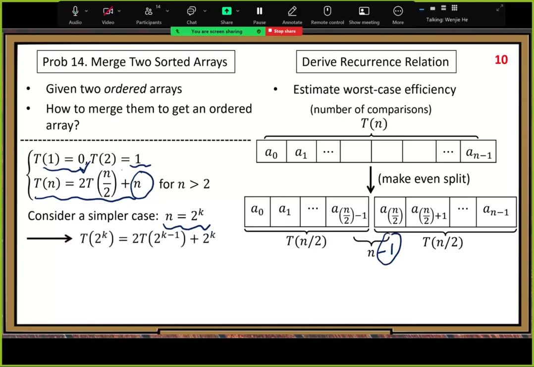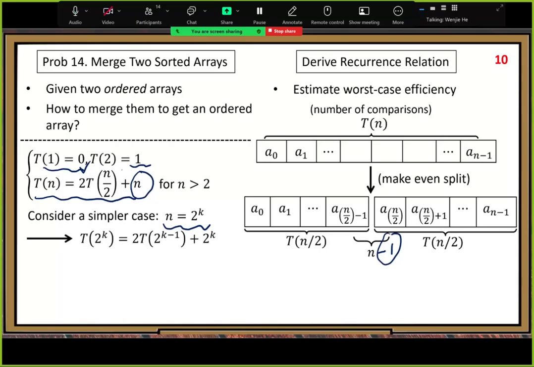Then we can simplify our recurrence relation: T of 2 to the k equals 2 times T of 2 to the k minus 1, plus 2 to the k. In this way, all the denominators are gone, so we do not need to deal with the denominator. All integers in our formulas.